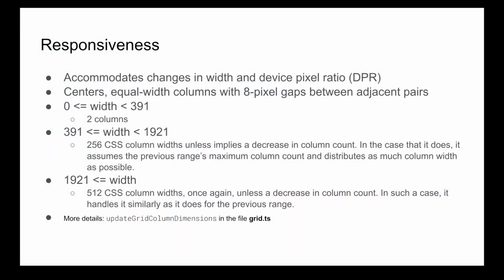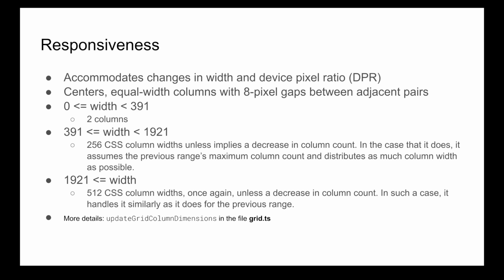Changing gears, let's take a closer look at how the application accommodates different visual viewport widths and device pixel ratios, or DPR. I'm not going to discuss changes in height because the application doesn't do anything special aside from making sure it works as you'd intuitively expect. The grid centers equal width columns with an 8-pixel gap between each adjacent pair.